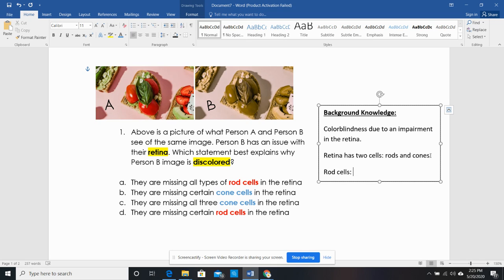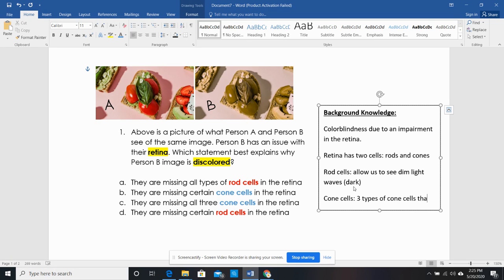The rod cells allow us to see dim light waves. This means that they allow us to see in the dark. What about the cone cells? I remember in the reading that there was 3 types of cone cells that detect color.